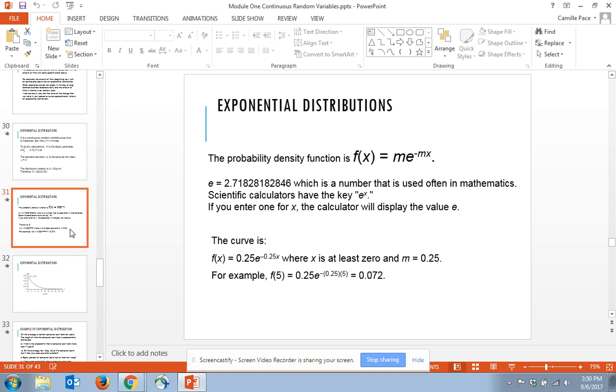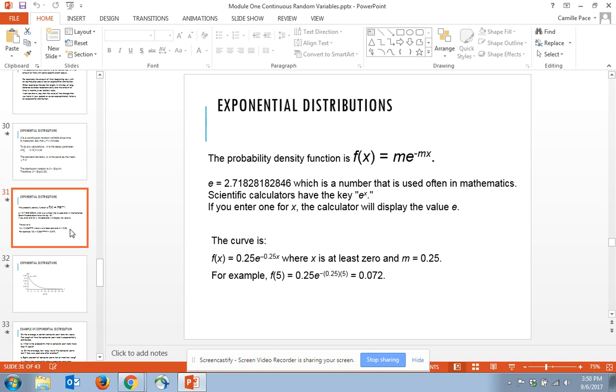The probability density function is f of x equals m e to the negative m x. That e is the e^x button on your calculator, and I put out here what it is: 2.71828182846.